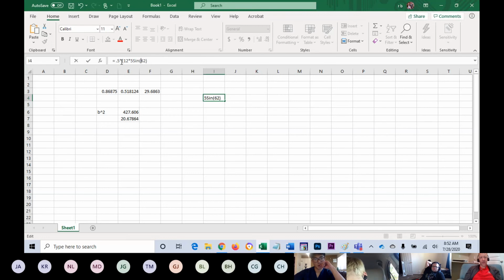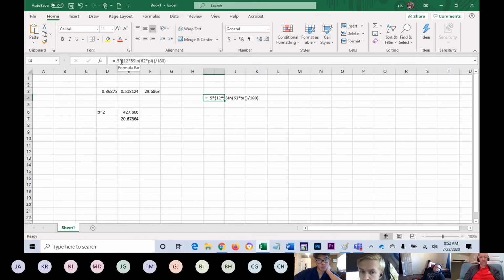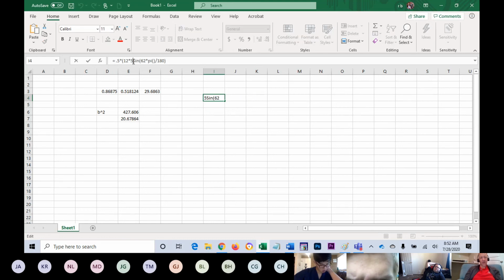Except in my case, I've got to convert it back to radians. How do you do that again? Pi over 180. Why didn't that work? You didn't put a multiplying symbol between the 5 and sine. Oh, there we go. That's why.